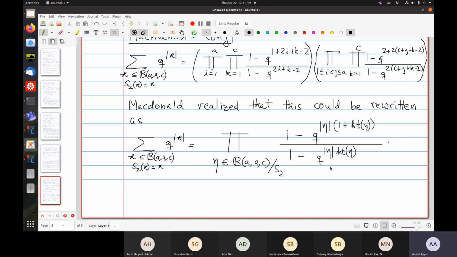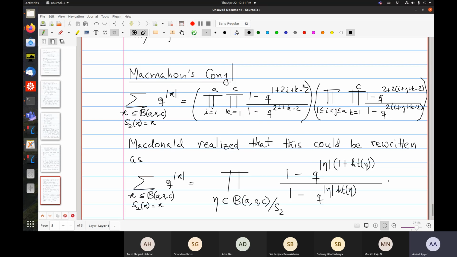And so, again one of those coincidences, this was proved. Macdonald, after he reframed it this way, could use the theory of symmetric functions to prove it. And slightly before him, Andrews proved it using completely different means, using hypergeometric theory.